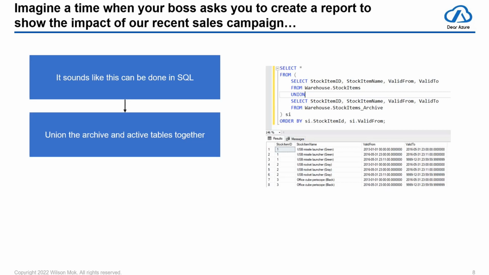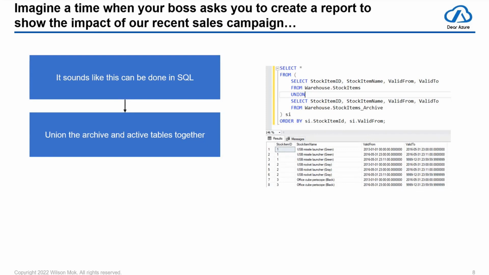There is the normal items table, and then there's also the archive table. The archive table keeps track of all the histories, while in the case of this example, the stock items table has all the most recent records. With these two pieces of information, we know we can union the data together, and then we will have a complete data set for our report.